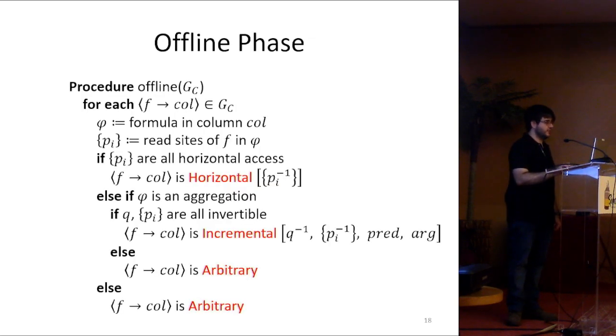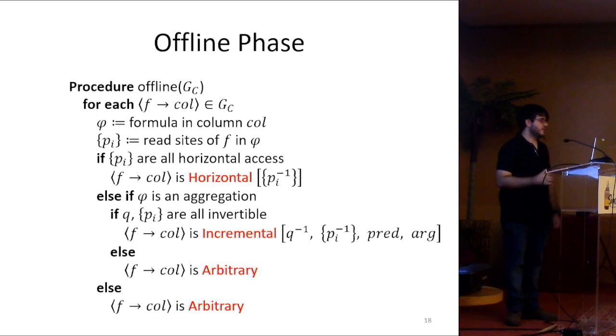So that is the algorithm of the offline phase. We check for each two columns that may depend on each other. We take phi, which is the sum, or any other formula, and compute the read sites of this formula. If all the read sites are horizontal, which means they are all in the same line and don't go to other lines, then we say this is a horizontal dependency.